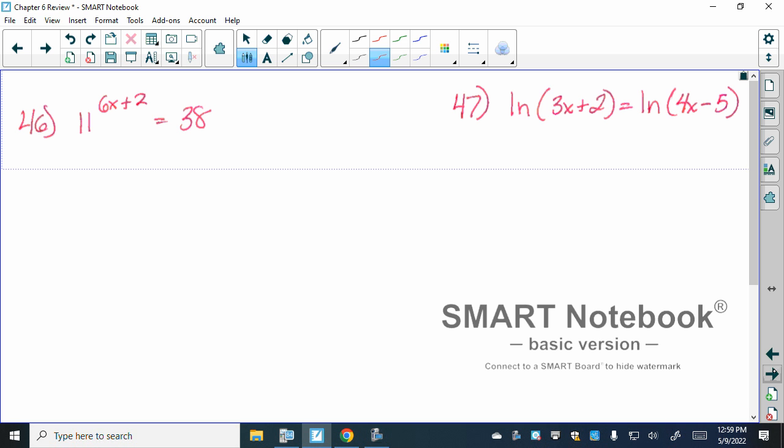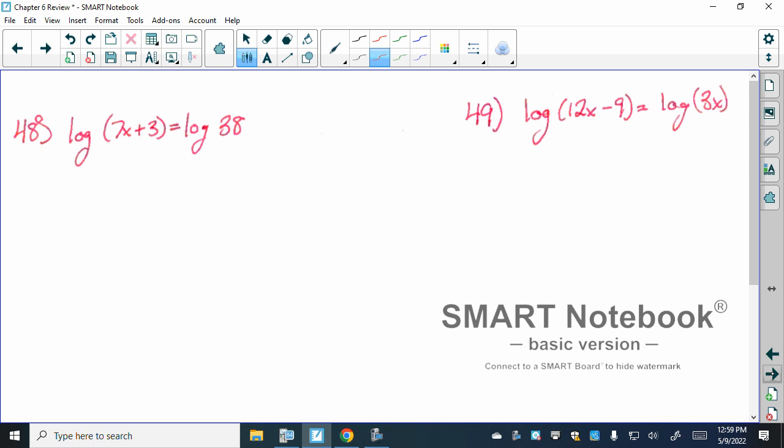Questions on 46 or 47? When it says log like on 48, can we just type those in? So we can look at 48. Now, log of 38 is in parentheses, but we can't type log of 7x plus 3 into the graphing calculators because it needs a value for x.